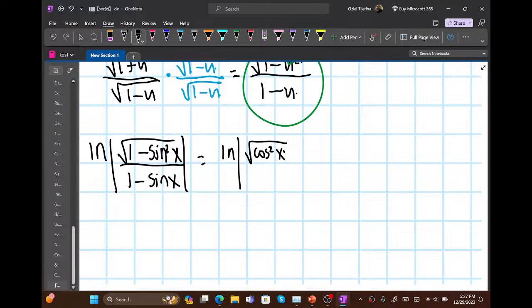So we're just doing that. And then here, we're going to put it over 1 minus sine x.